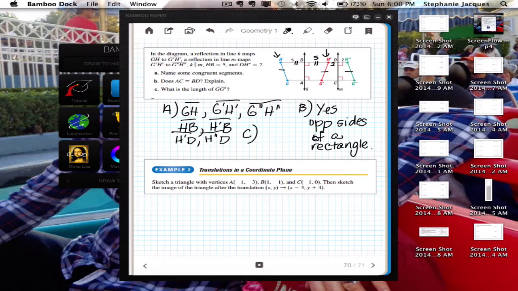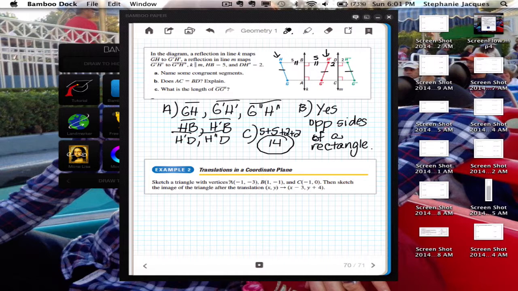Now let's look at C. What is the length of G double prime? So we already mapped out all the ones on the top, and we know that it's going to be the same on the bottom. So we just need to add 5 plus 5 plus 2 plus 2, which are all the lengths on top from H to H double prime. And that's going to give us 14 units.